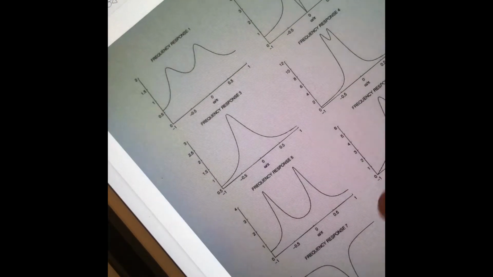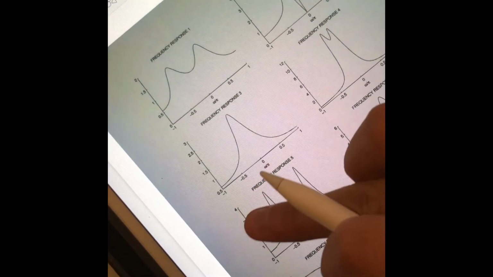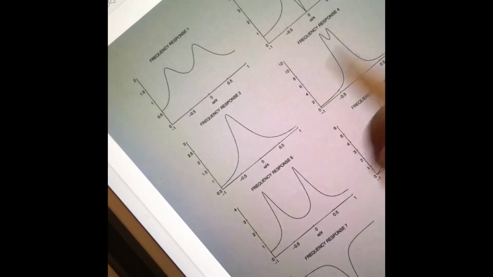So we can know that frequency response 5, which is bigger at the peak, corresponds to diagram 2. So diagram 5 corresponds to 1.